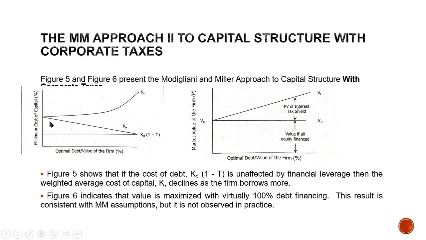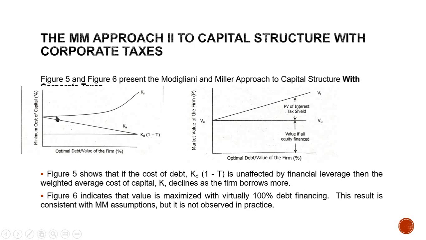ayan, sa figure 5, we have there the cost of shares or cost of equity. And dito naman, we have the cost of debt. Okay? Yung cost of debt natin is net of tax. So, yung net of tax natin, meaning yung tax savings natin, yun yung interest tax shield. So, kaya as we can see, the weighted average cost of capital nag-decrease siya as we borrow more money, no?